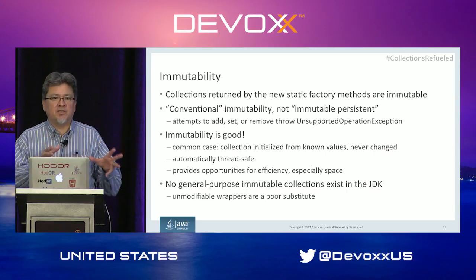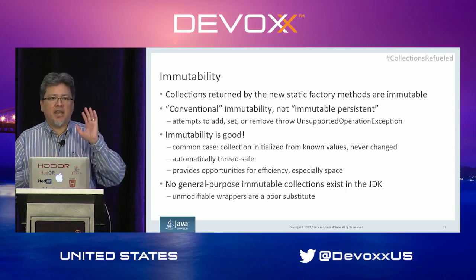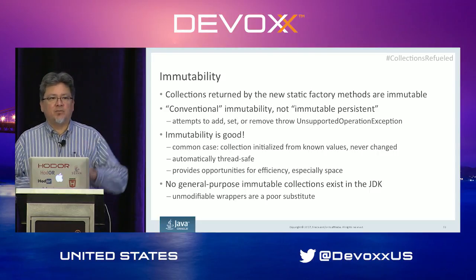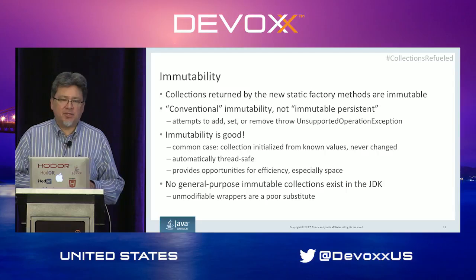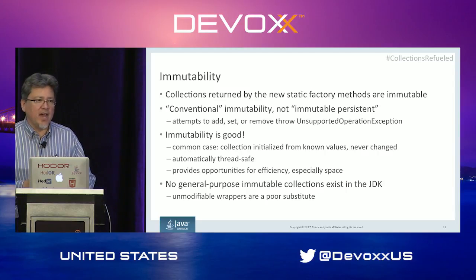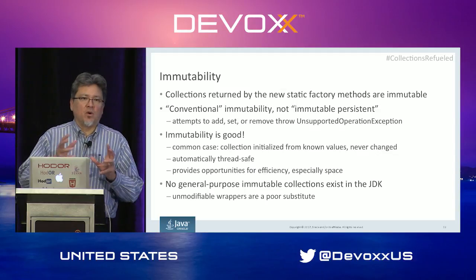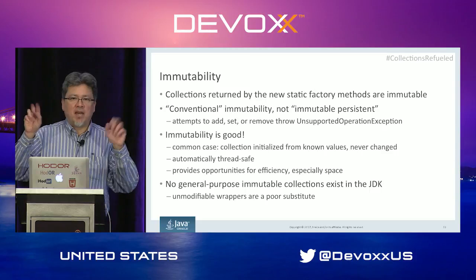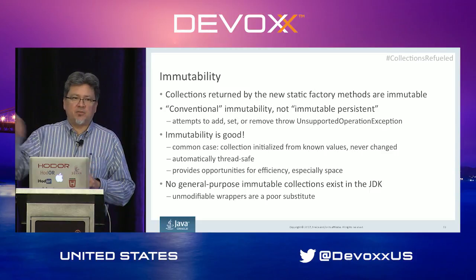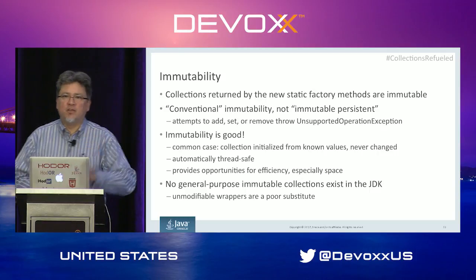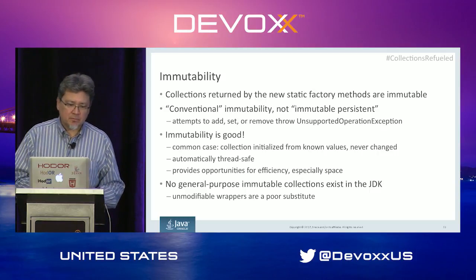It's just like a regular Java collection, except that if you call a mutator method like add or put, then that is rejected with an unsupported operation exception. I want to contrast that with other libraries and other language systems that have persistent immutable data structures, where you can modify the data structure, but what you get is a new data structure that shares with the old one. That is not what this is. This is conventional immutability.